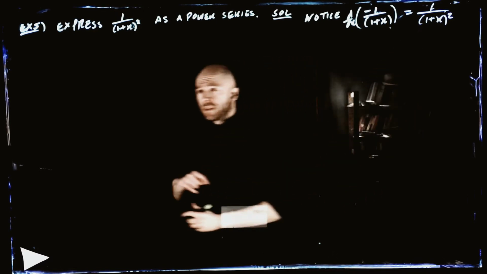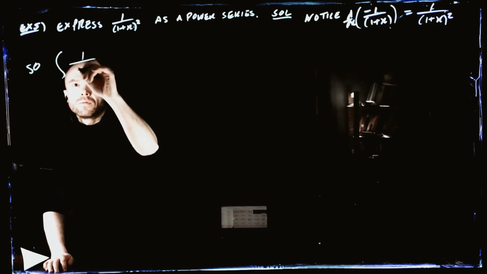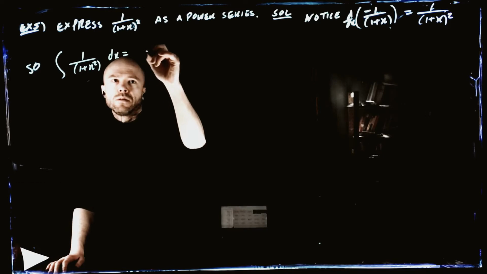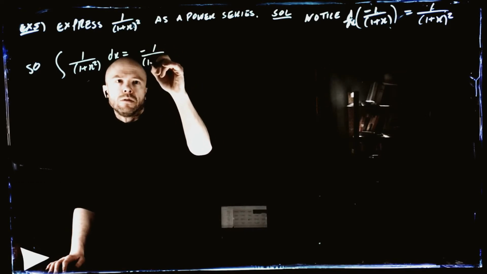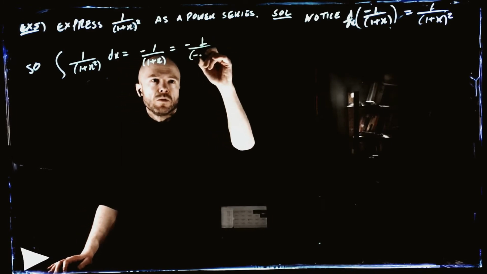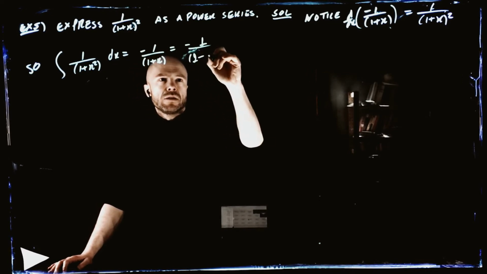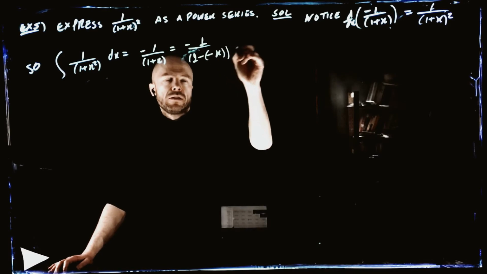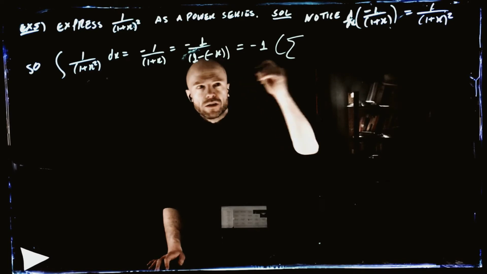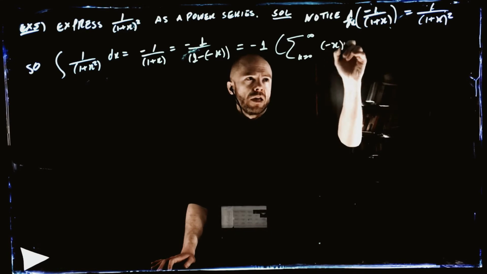So the antiderivative of this is this, which is indeed of the algebraic form we want. We write this as minus 1 over 1 minus x, and then do the power series expansion in one step. I'm not going to write the y now because we know what we're doing. So k equals 0, and then it is minus x to the k.